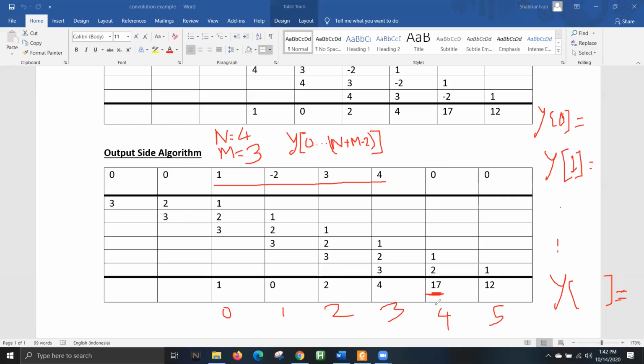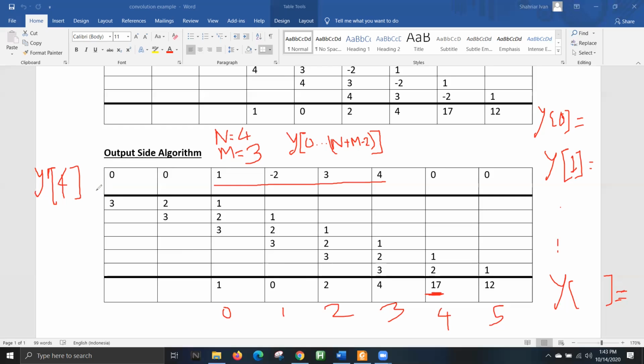Suppose I tell you to calculate only y4, not the whole output signal. In that case, you do not have to go through all the rows to come to the value 17. You can directly use the equation I just mentioned.